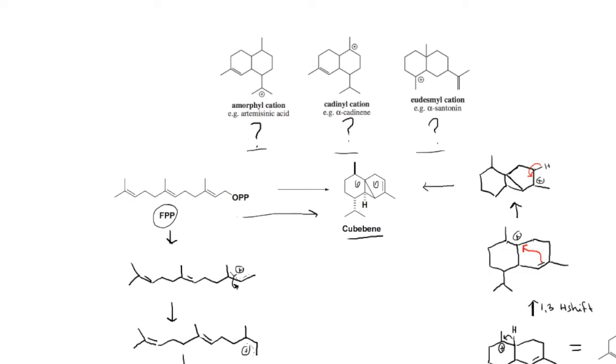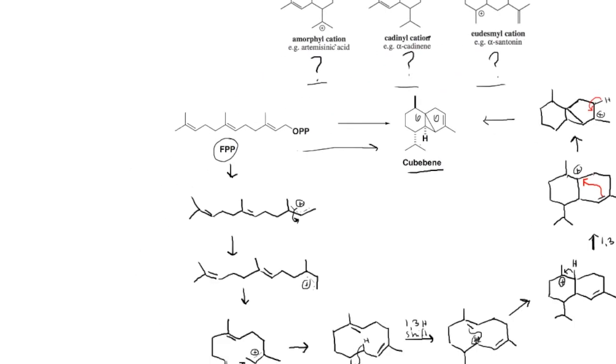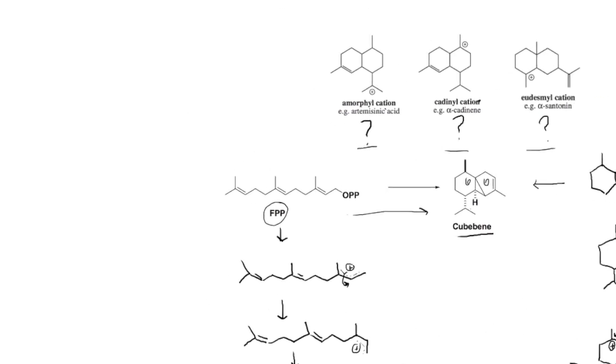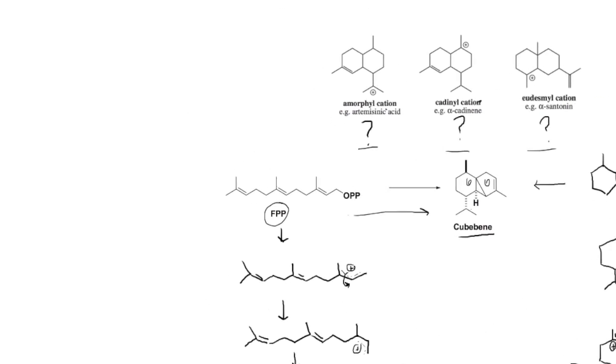So typically this group is over here, right? So, but with that in mind, you can see that if I was to guess, looking at this now, this comes from either the amorphal cation or the cadenyl cation, as the eudesmal cation has a different decoration pattern around its ring structure. But regardless, you can go through and try to form this and fold this, and since this is drawn in a different way, you might have to think about how to fold it in a different way.